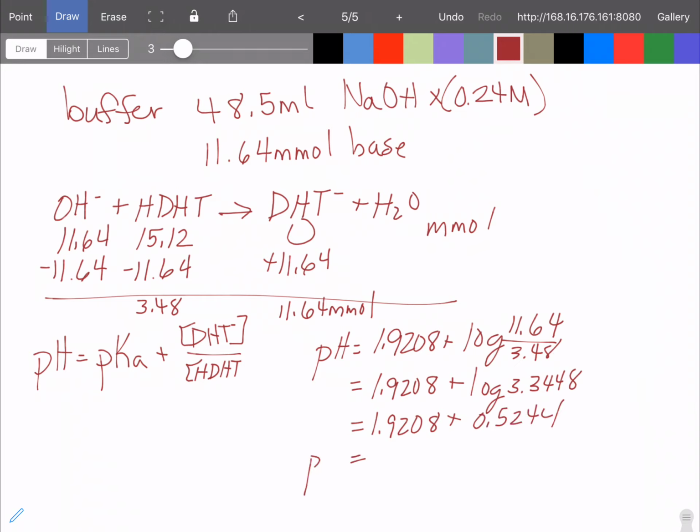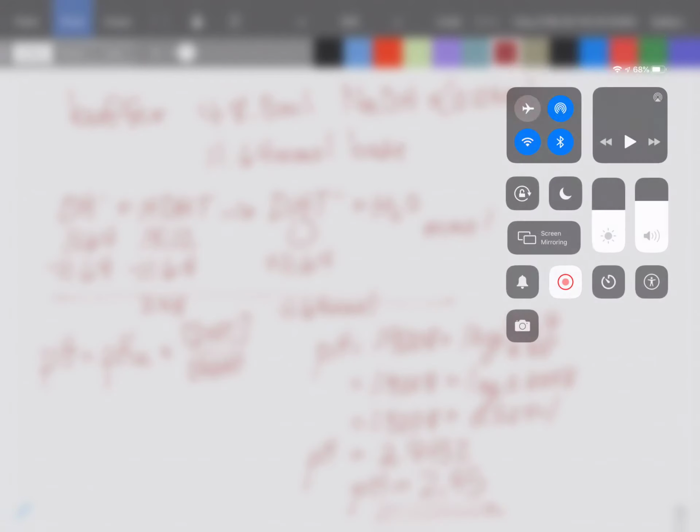So in the end, my pH is equal to 2.4452, which is 2.45 at this buffer point. So at this point in time, we have worked the problem.